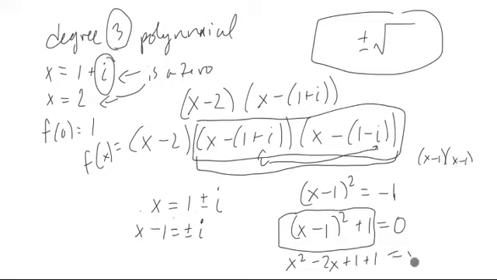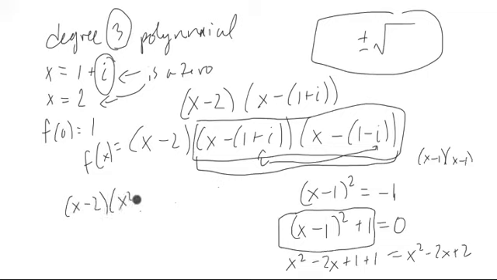So we end up getting x squared minus 2x plus 2. So in the end, we end up getting our polynomial that we're interested in: x minus 2 multiplied by x squared minus 2x plus 2.